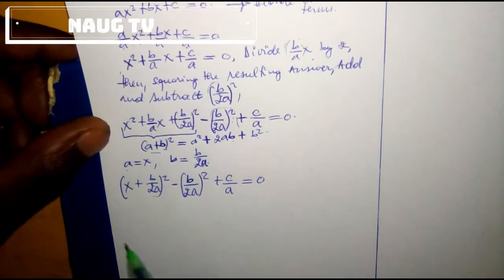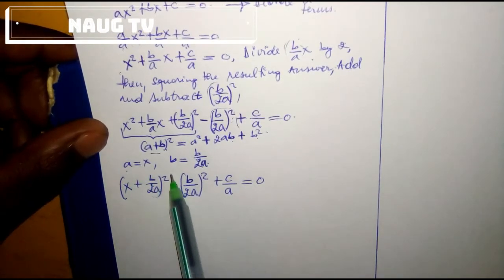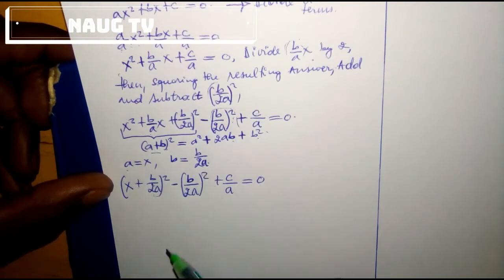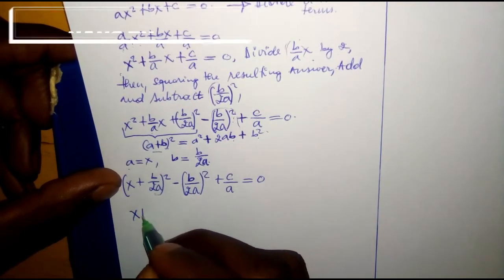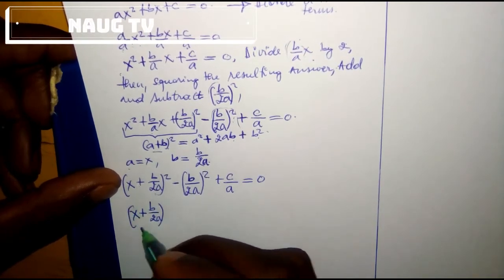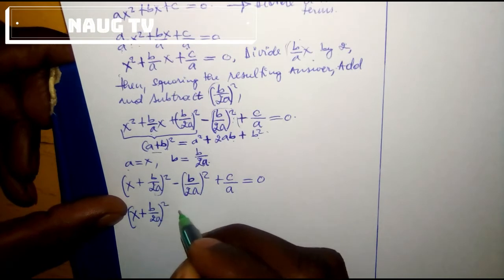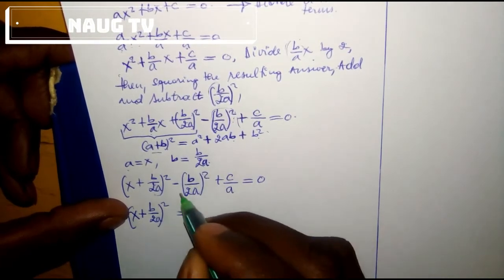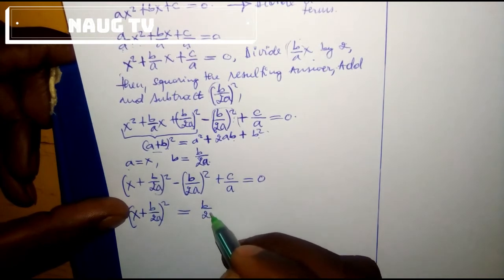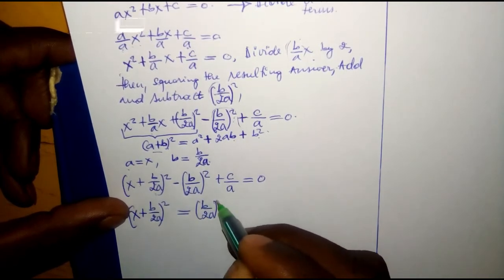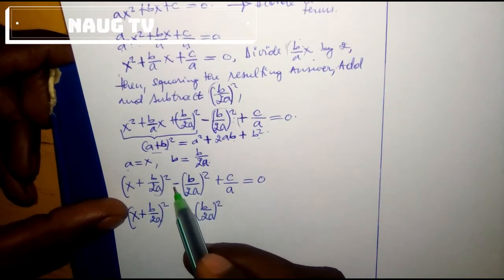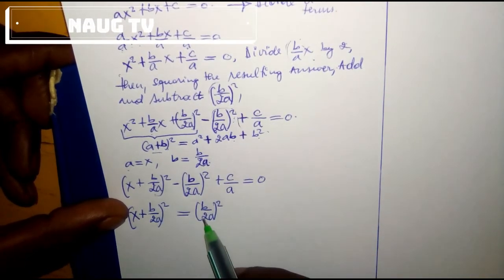Now we are going to solve for x plus b over 2a squared. X plus b over 2a squared will be equal to b over 2a squared, because here b has negative, so if it is taken to the right side, b will be positive.